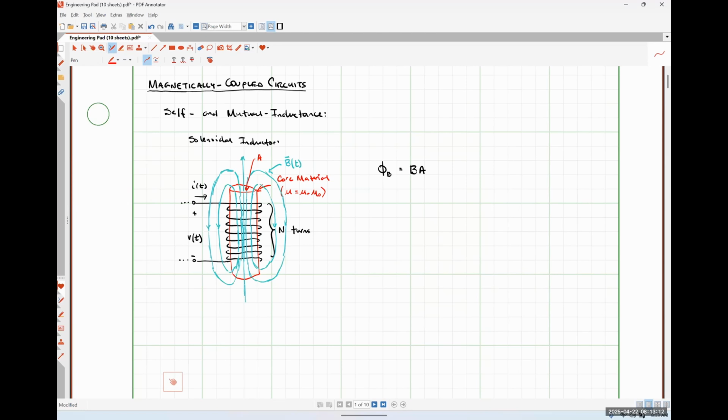And our magnetic flux phi B is just the total amount of flux that's passing through that particular area. Okay. So I'm going to make a little note here.